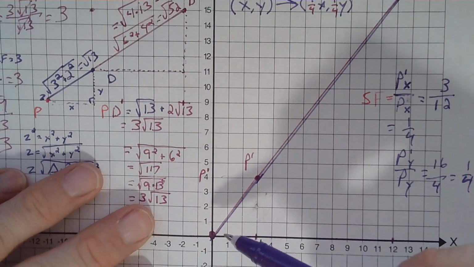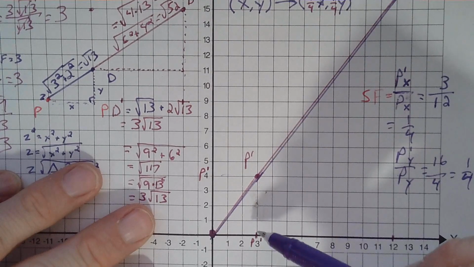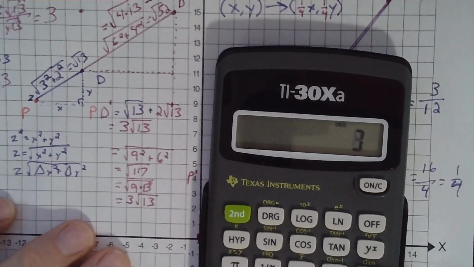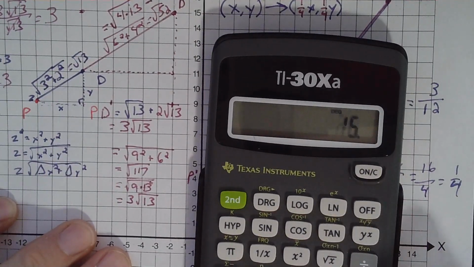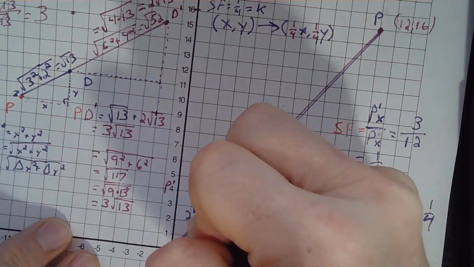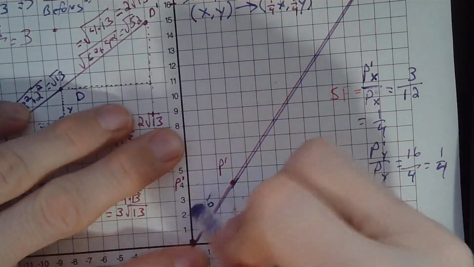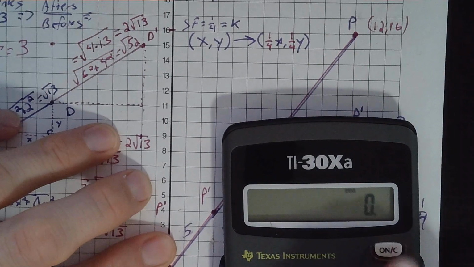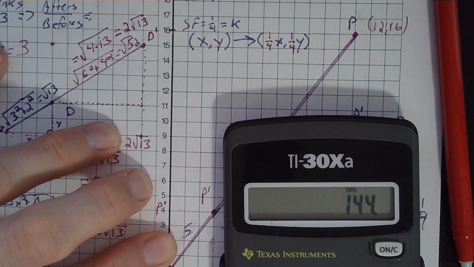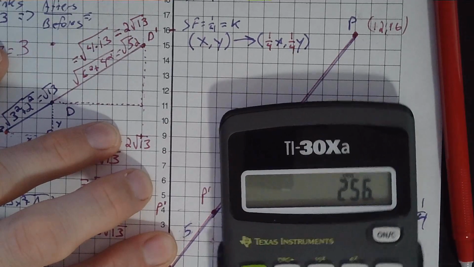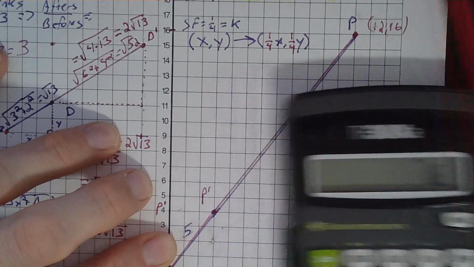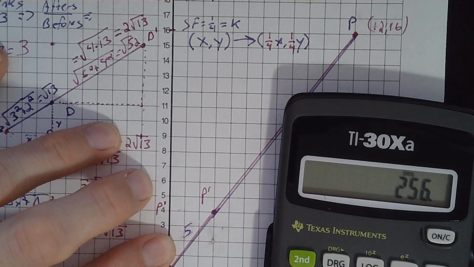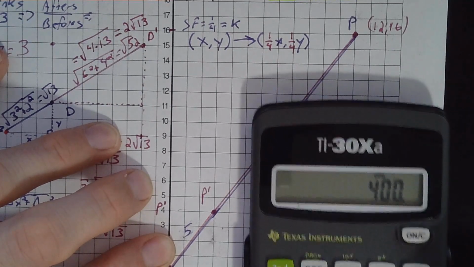This is 3 squared plus 4 squared, which equals 25, and the square root of 25 is 5. And then this will be 12 squared plus 16 squared, and take the square root of that. 12 squared plus 16 squared equals 400, and the square root of that is 20.